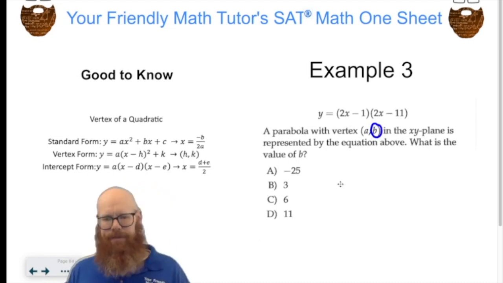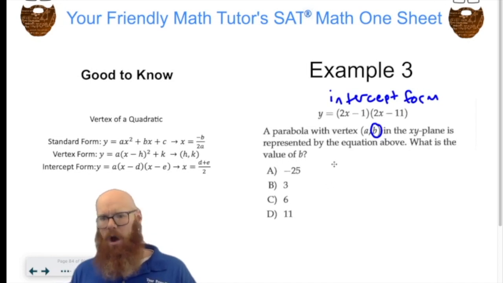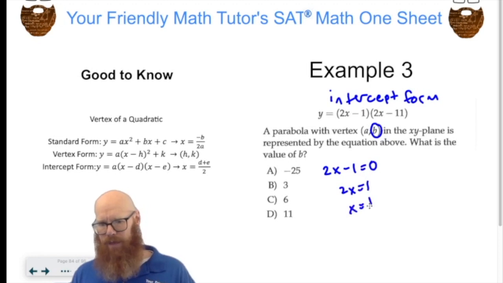So the best way to find the vertex, this is in intercept form. That's what we have to know. When something is factored, it's in intercept form. And the intercepts are found by setting each equal to 0. So if you set 2x minus 1 equal to 0, you will get 2x equals 1 and x equals a half.